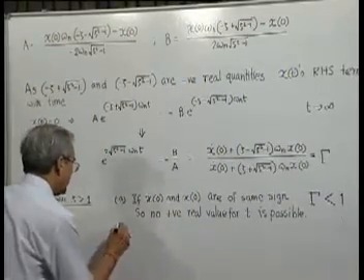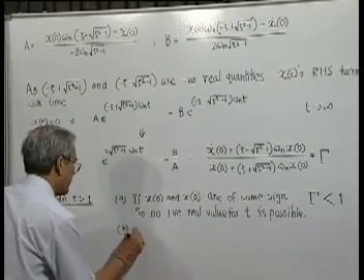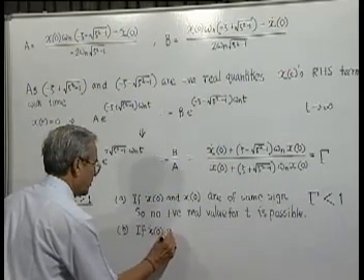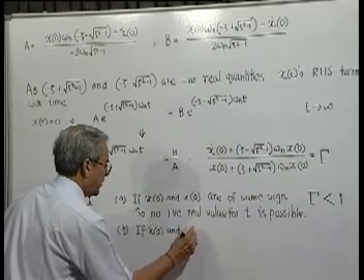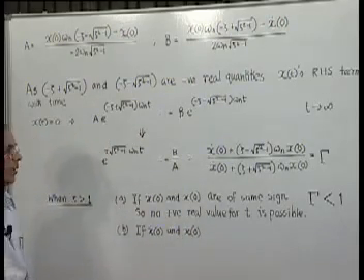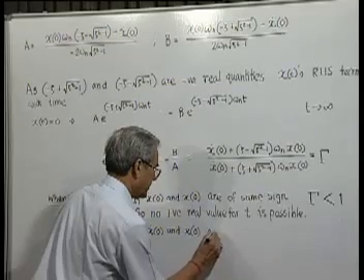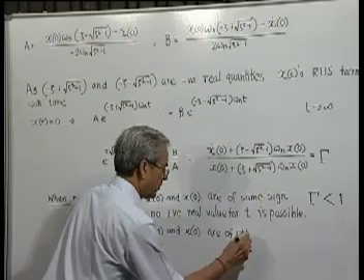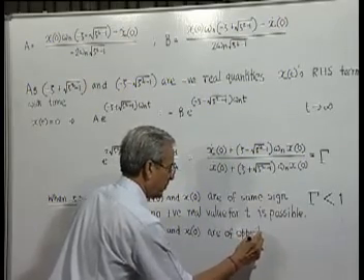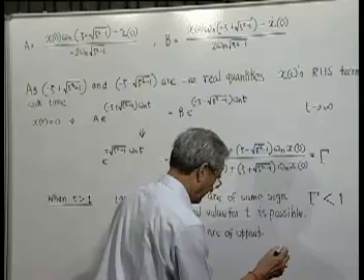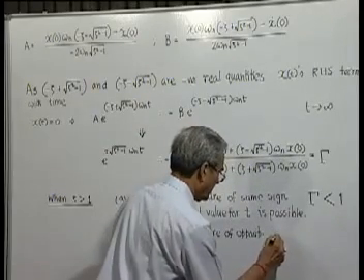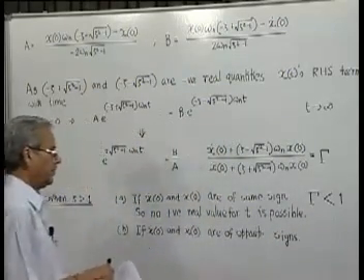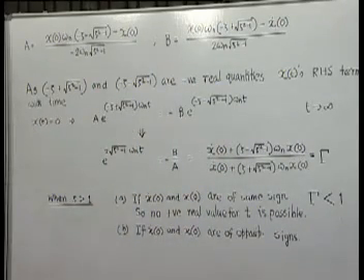Now, next thing, suppose x dot 0 and x 0 are of opposite sign. Then what happens?